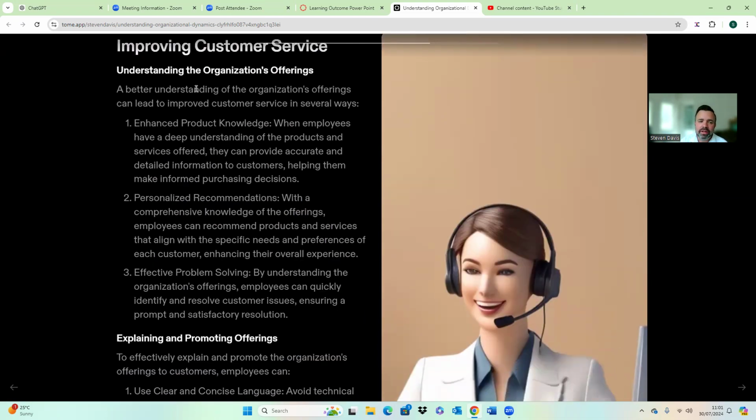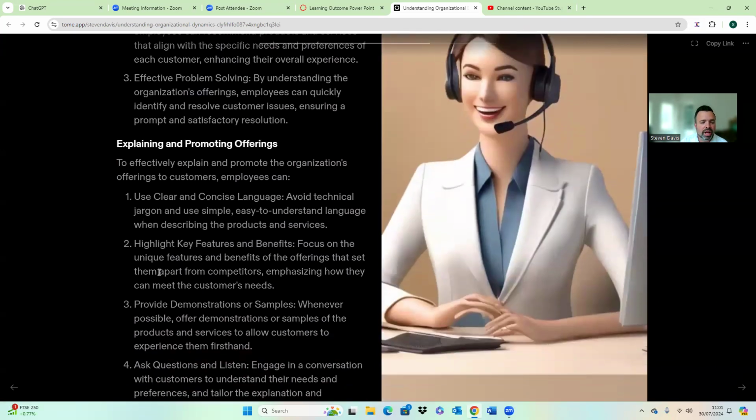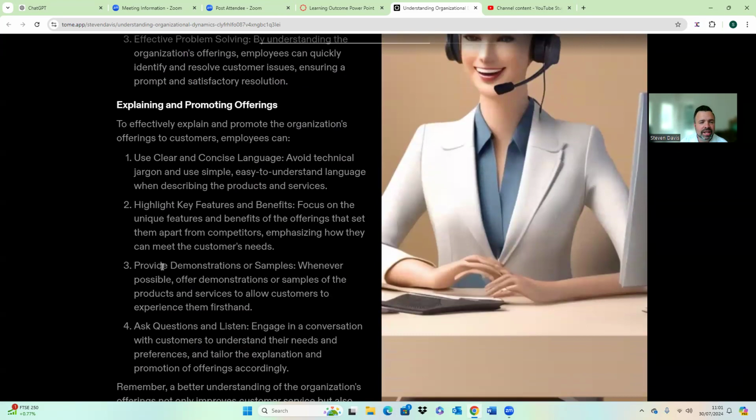So they should understand the organisation and its offerings. They should understand the extended product. They should be able to make personalised recommendations, and they should be really good at problem solving. And again, explaining and promoting offers, they should use clear and concise language to family members or to staff or to customers or whoever. They should be able to highlight those key benefits of the business.